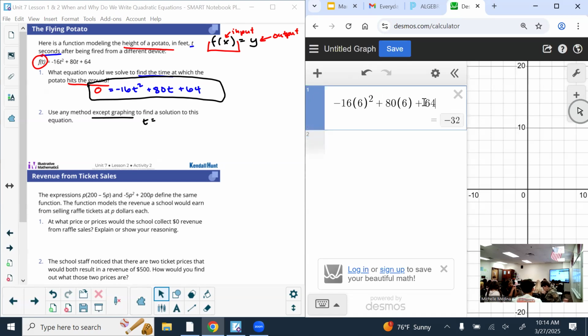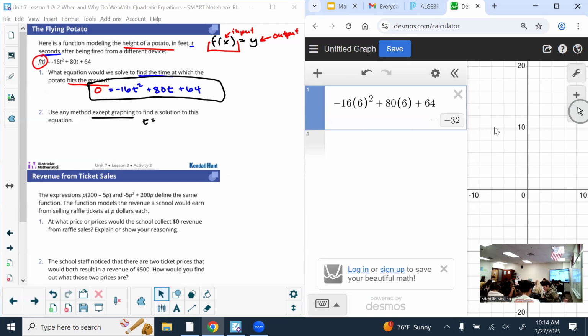All right, so this is me plugging into my given equation 6 as a possible answer. 6 I know is not the answer because it's not giving me a 0 here. It's giving me, like if we were imagining the graph, below the x-axis a little bit for the height, and I shouldn't have a negative height.